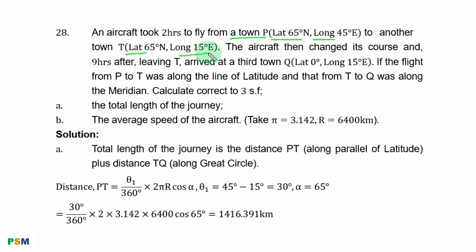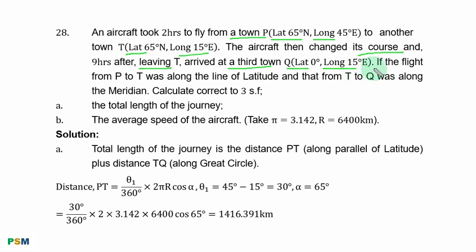The aircraft then changed its course, and 9 hours after leaving T, arrived at a third town Q, latitude 0 degrees, longitude 15 degrees east.